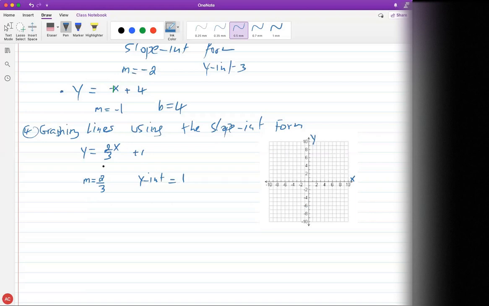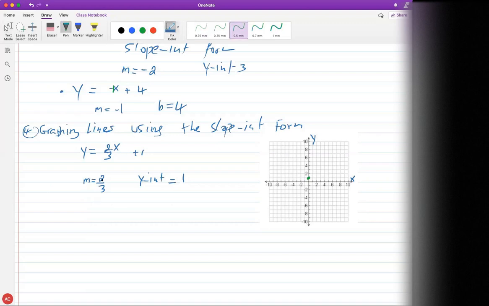So to graph this, it's very simple. First, you've got to start from here. Locate this on the y-axis. So it's right here. And then we need to go from this point to the other point of the line before we can draw a line through them. And to get there, we do what we call a rise and run.